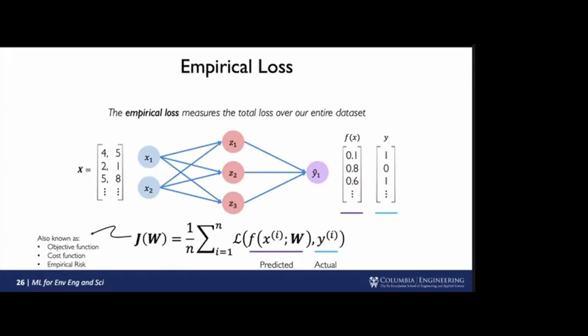For each data point, we compute the loss between the prediction and the true label. Then we average these losses across all examples. Mathematically, this is written as 1 over n, just like a mean, with a sum sign. All the losses you sum together, and calculate the mean value.